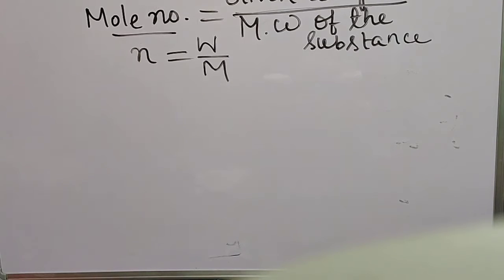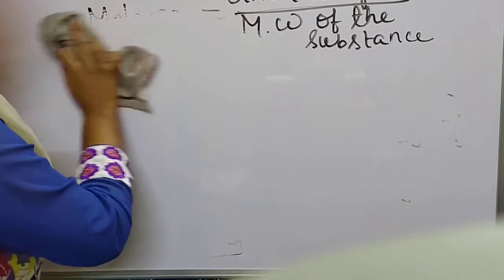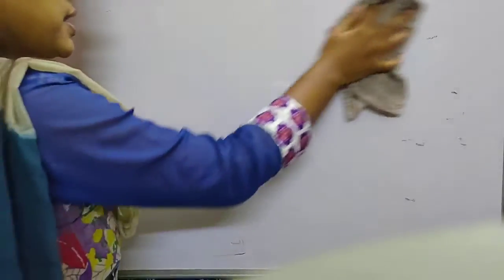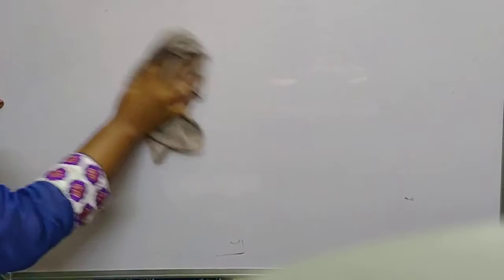Okay, next thing, stoichiometry. What is stoichiometry? All the chemical calculations that we will see in this chapter, regarding quantity, could be weight dependent or volume dependent.